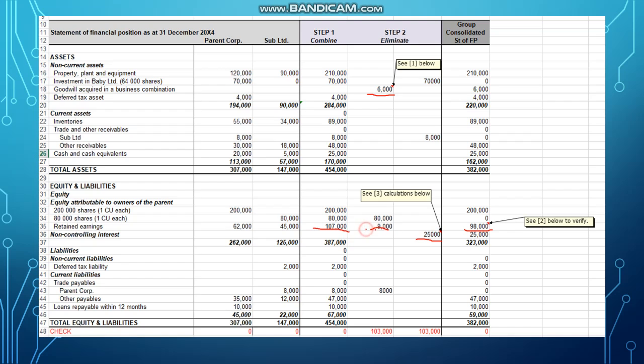So we needed to debit it 9,000 here. And if we check at the bottom, our eliminations equal, meaning that we are finished with this consolidated work paper. And our debits equal, and our assets equal our equity and liabilities, so we're all happy.